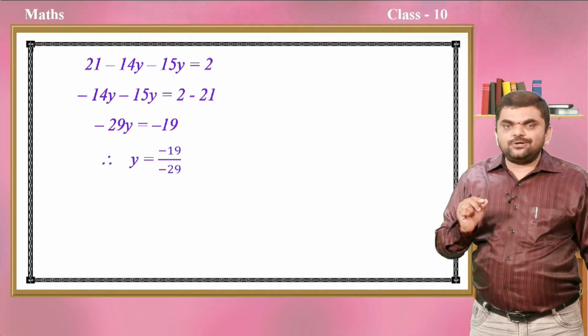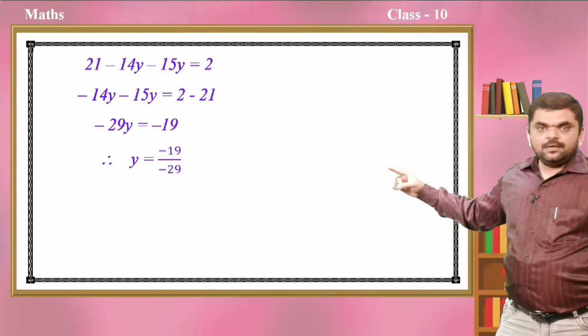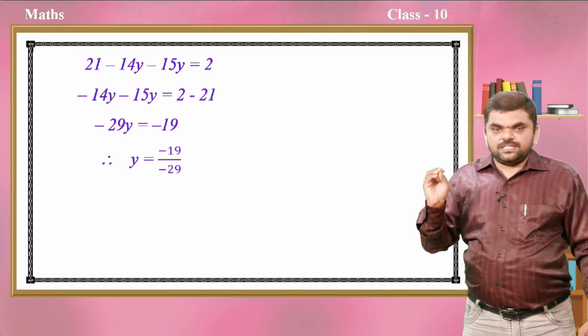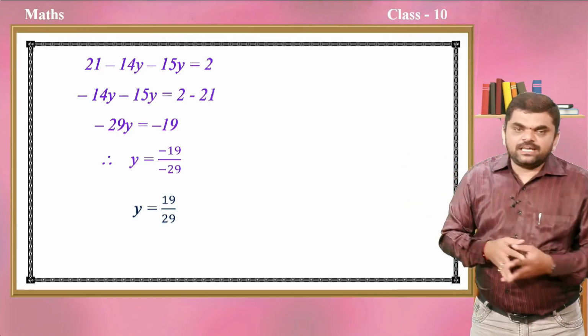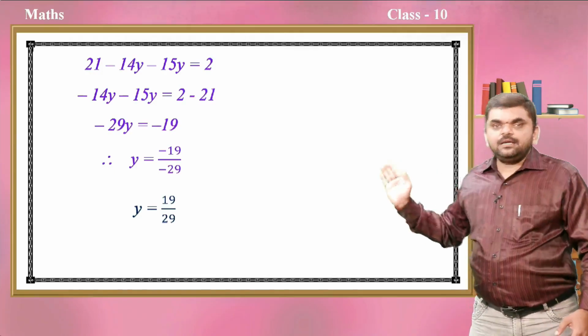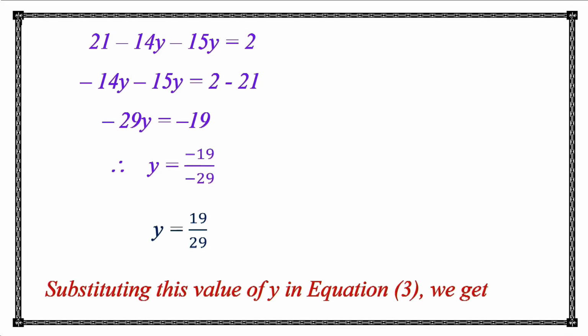So y is equal to minus 19 by minus 29. Both minus signs get cancelled and the value of y is 19 by 29. We get the value of y as 19 by 29. Now substitute the value of y in equation number 3 so that we get the value of x also.